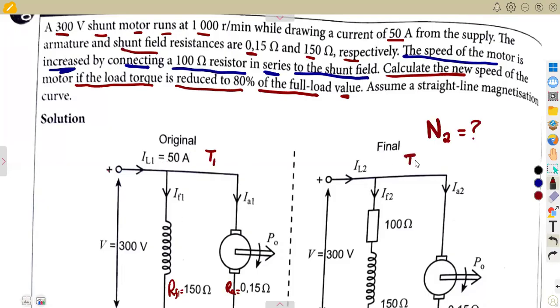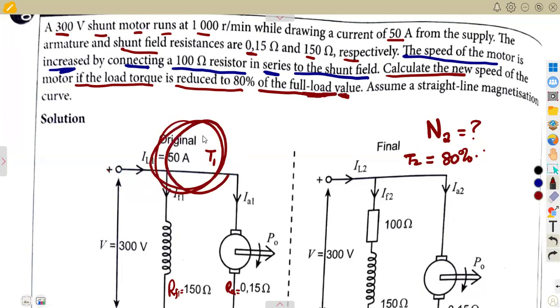So T2 of the final condition is reduced to 80% of T1. Whenever you're given "of", it's a product, like 80% times the load, which is the full load value. The full load value is your T1, of the original condition. So it's 80% of T1.